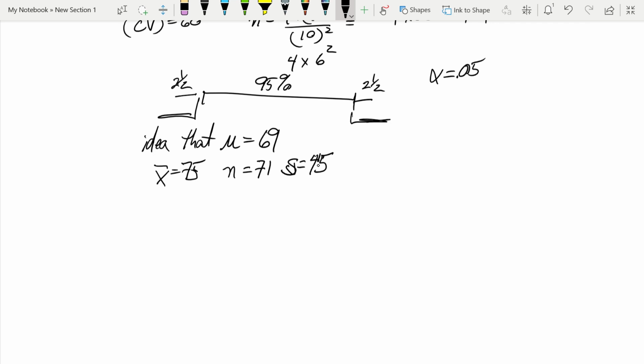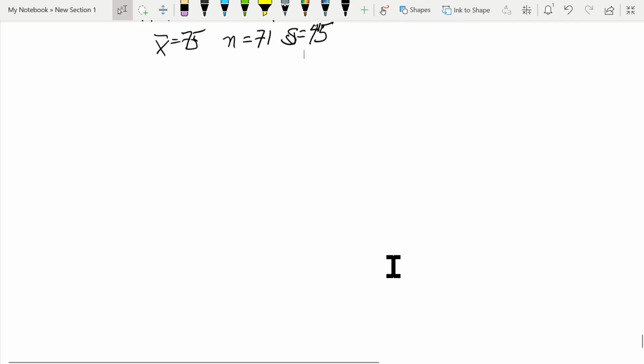So this is what a hypothesis test does. And all the numbers that we had on this sheet where we were doing confidence intervals, we can pretend like they're hypothesis tests. And there is absolutely no difference except what you're looking at.